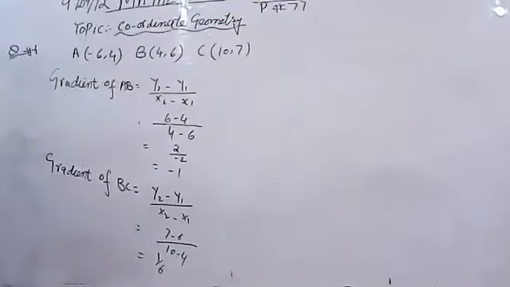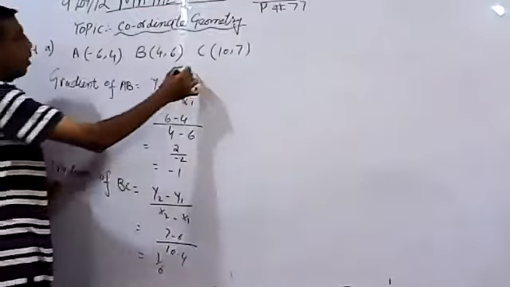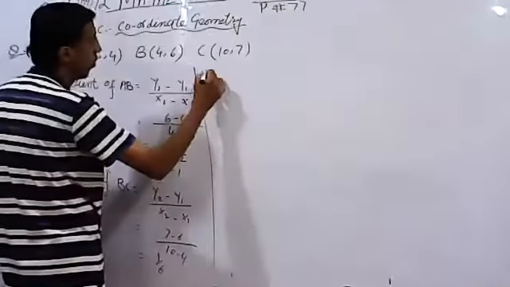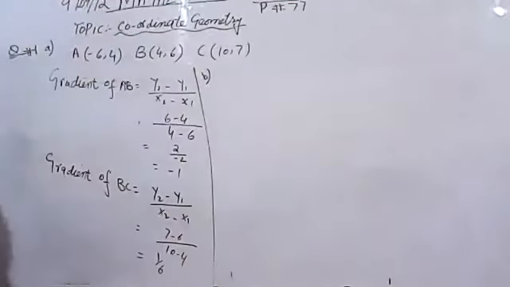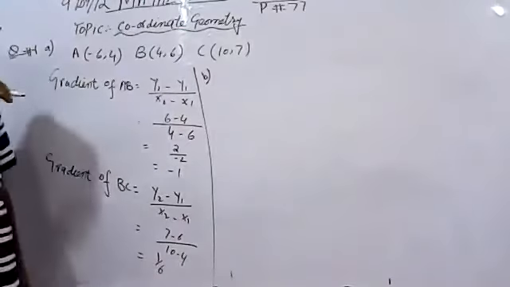Now we have to tell this was the A part. Now in the B part, he was asking that use your answer to part A, decide whether or not points A, B, C are collinear.